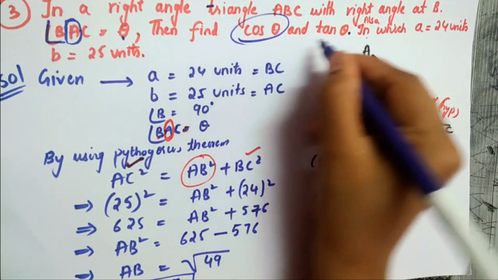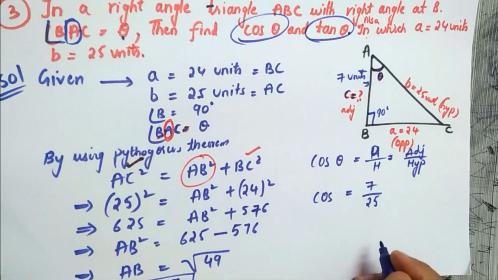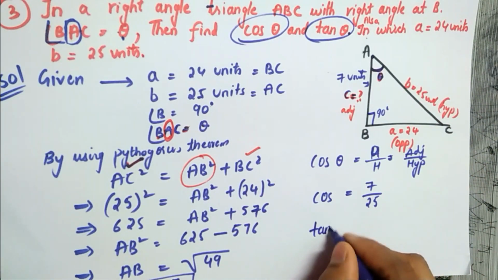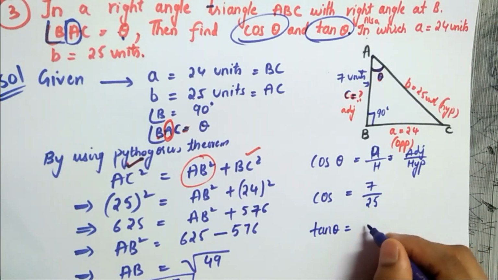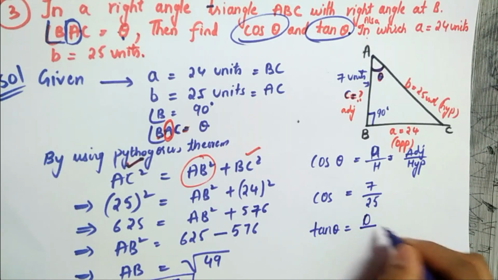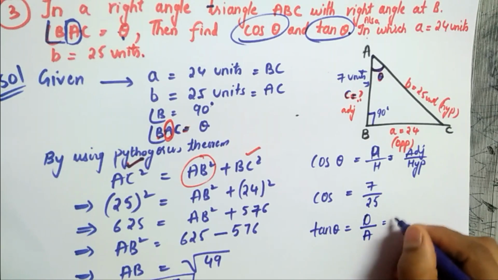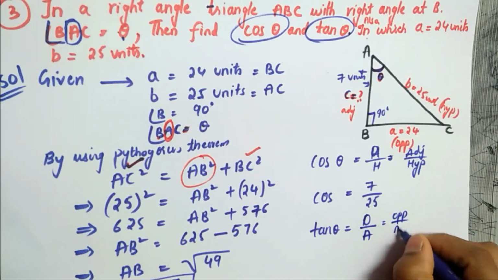Another thing we need to get is tan theta. So tan theta is equal to opposite by adjacent.